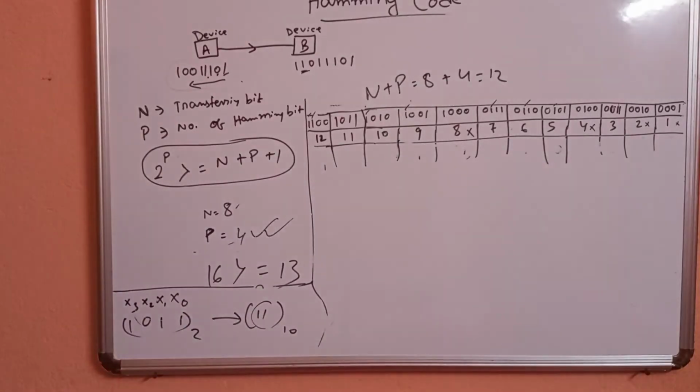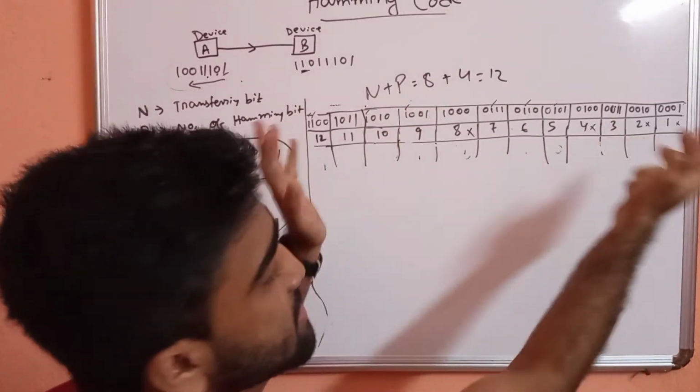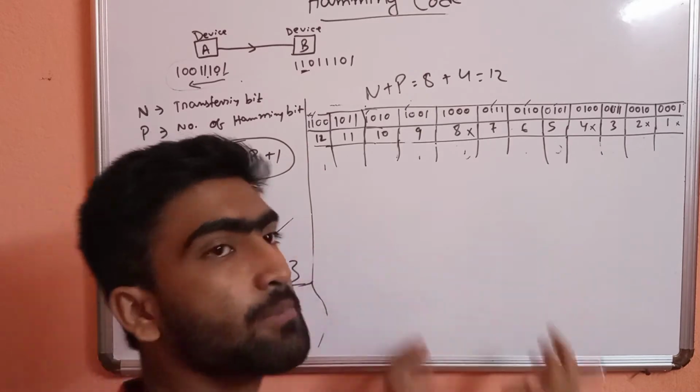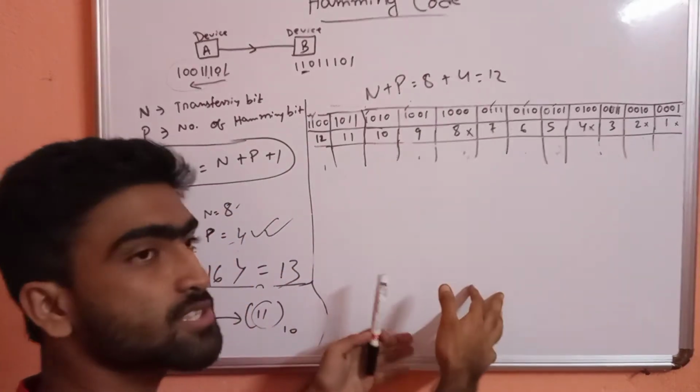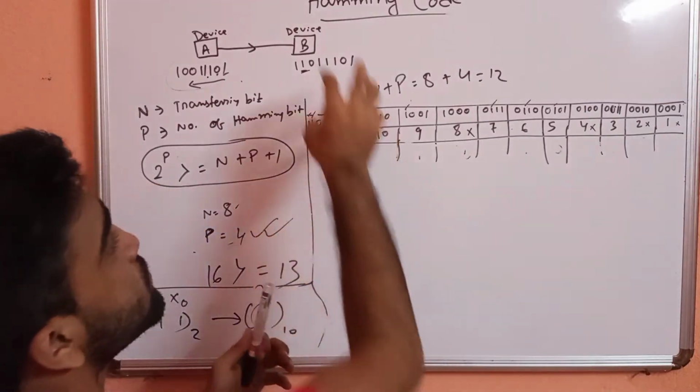So now n plus 4 is 12. So we will consider this table from 1 to 12 to find the Hamming code, from which we will find the error in the code which B received.